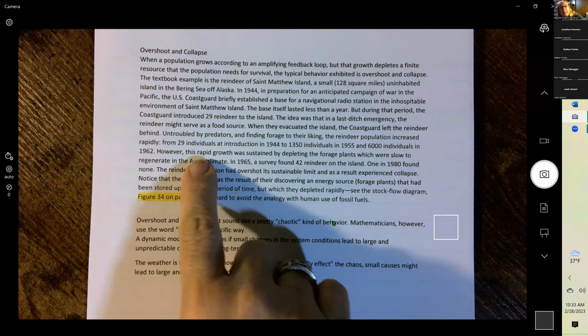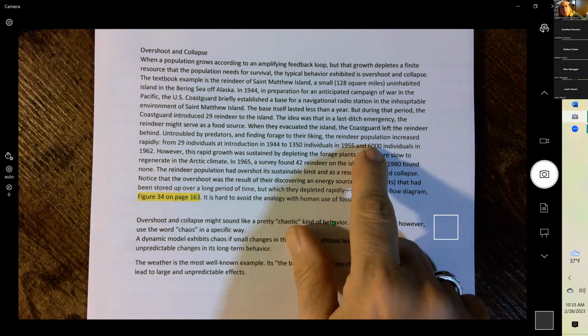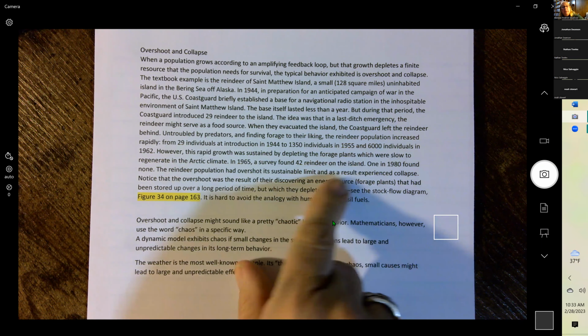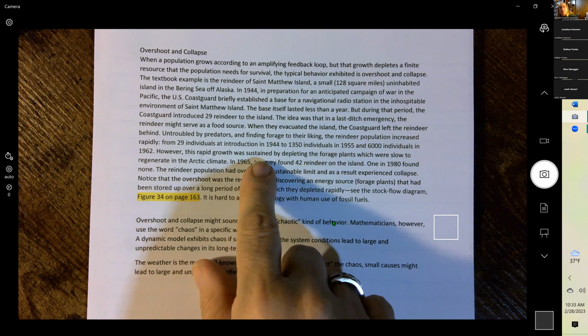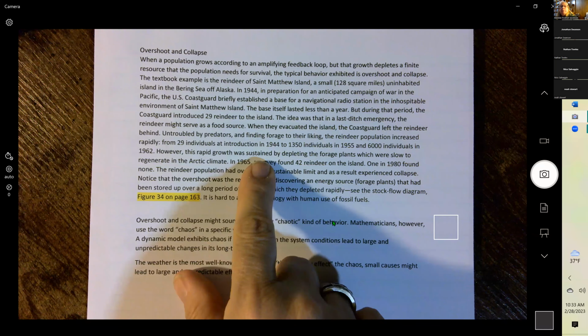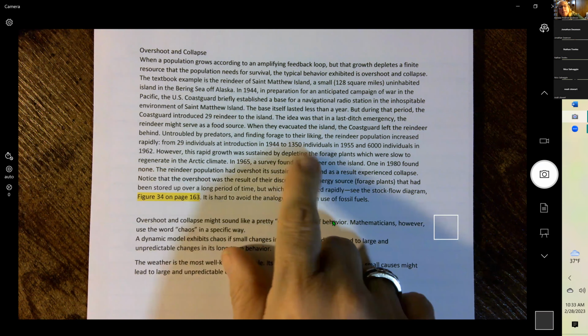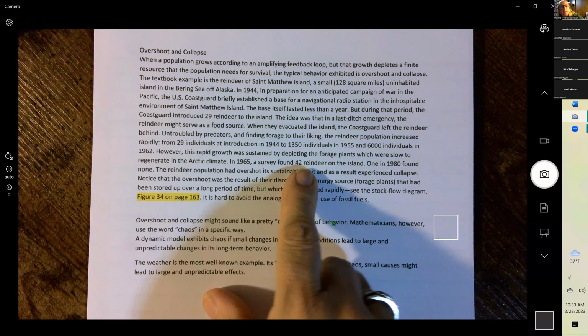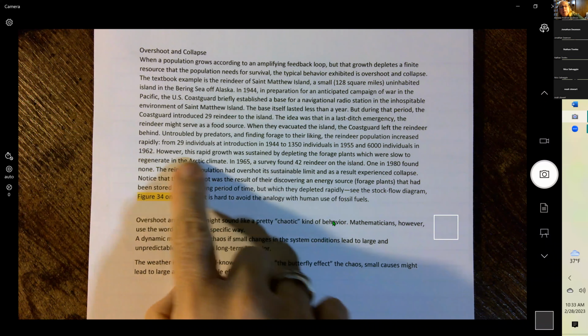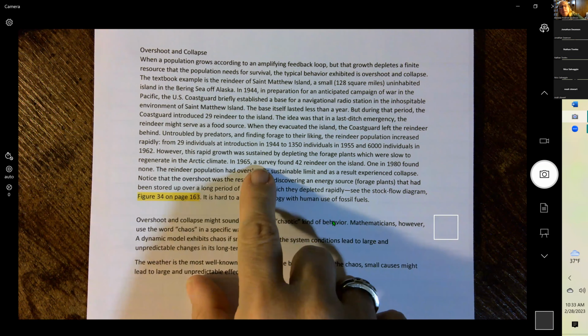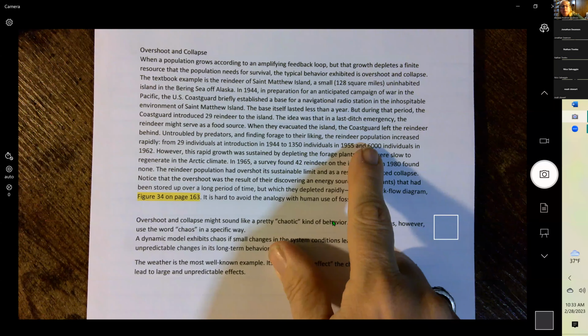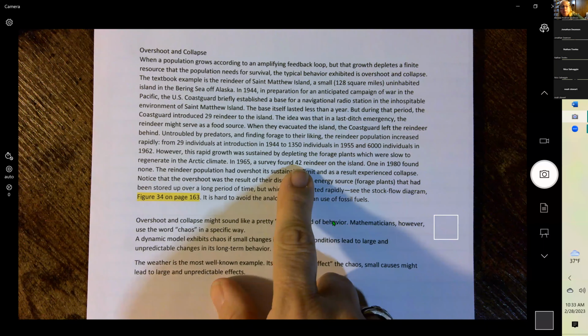Maybe 29, but not 6,000. And as they ate all the foliage, there was no more to eat, and so the reindeer started dying off. In 3 years, from 1962 to 65, they went from 6,000 to 42.